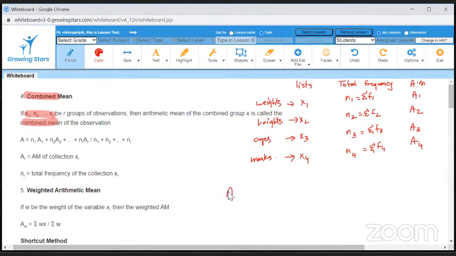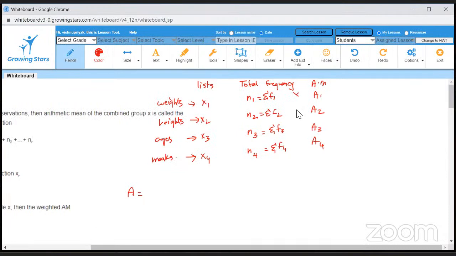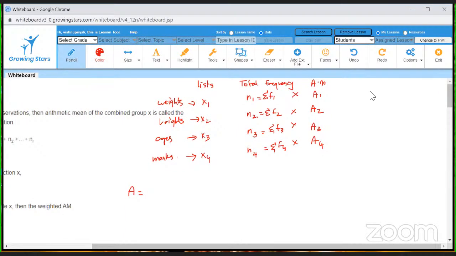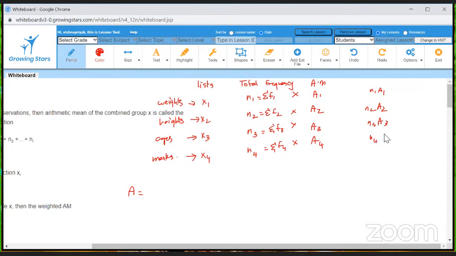Now, if you want to find the combined mean, first you have to multiply N1 and A1, N2 and A2, N3 and A3, N4 and A4.